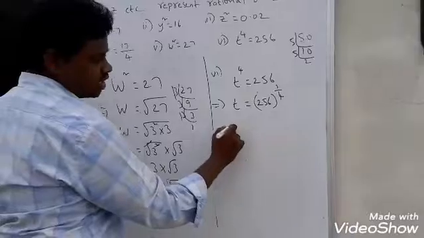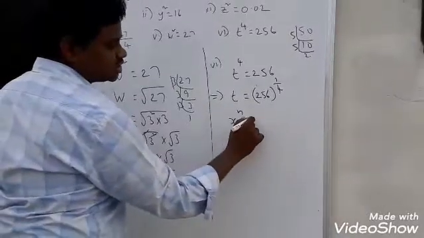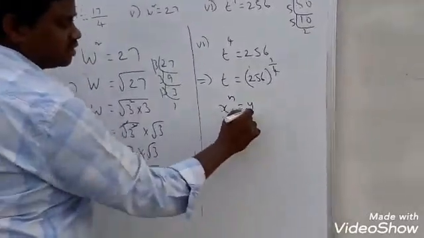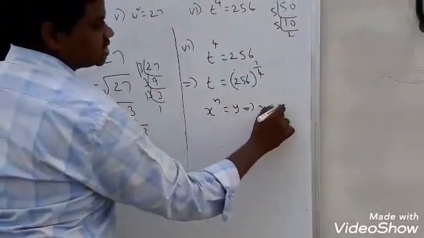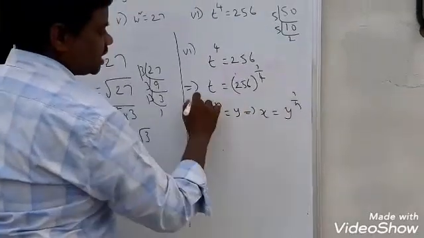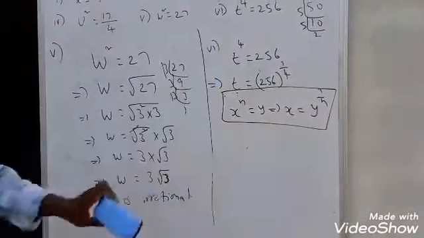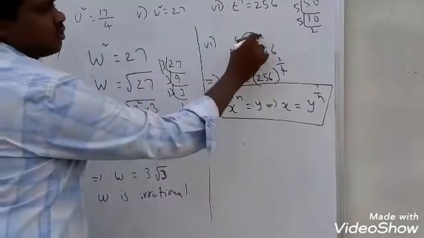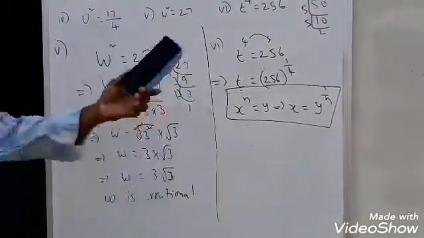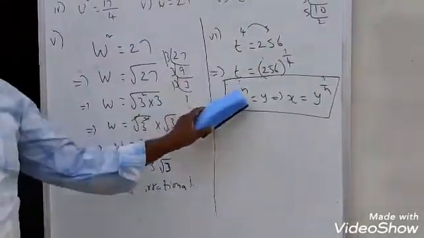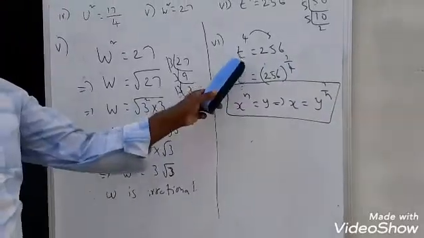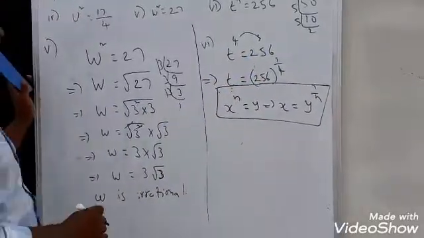You have a formula here: if x power n is equal to y, then x equals y to the power 1 by n. So this is the formula. If you interchange the powers, 4 will become 1 by 4.